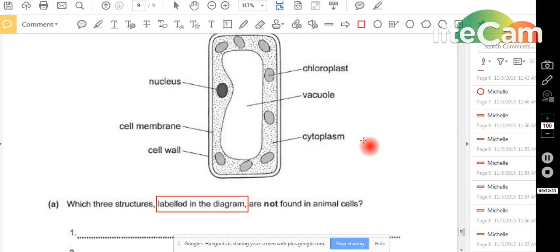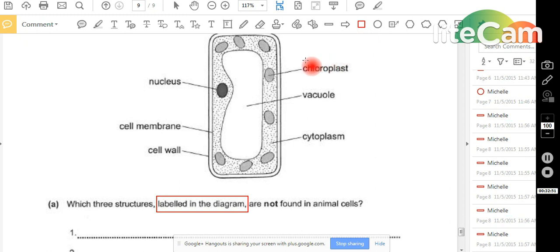Because they tell you three structures labeled in this diagram are not found in animal cells. So which of these will not be found in an animal cell?